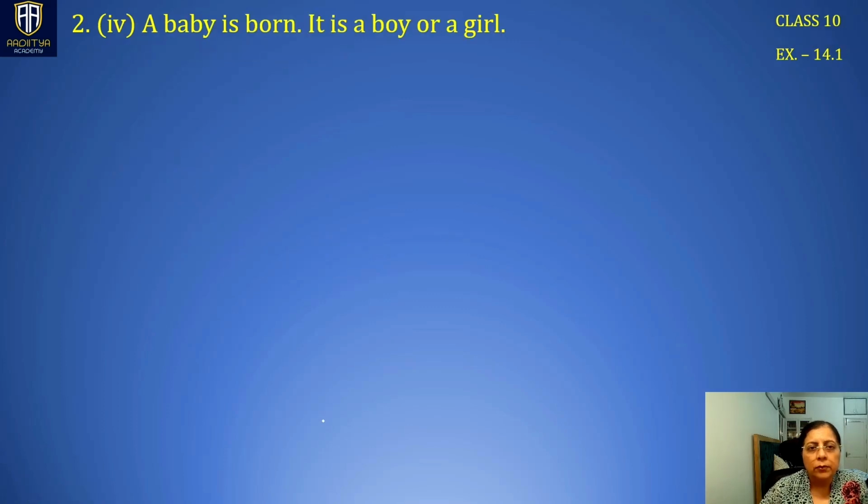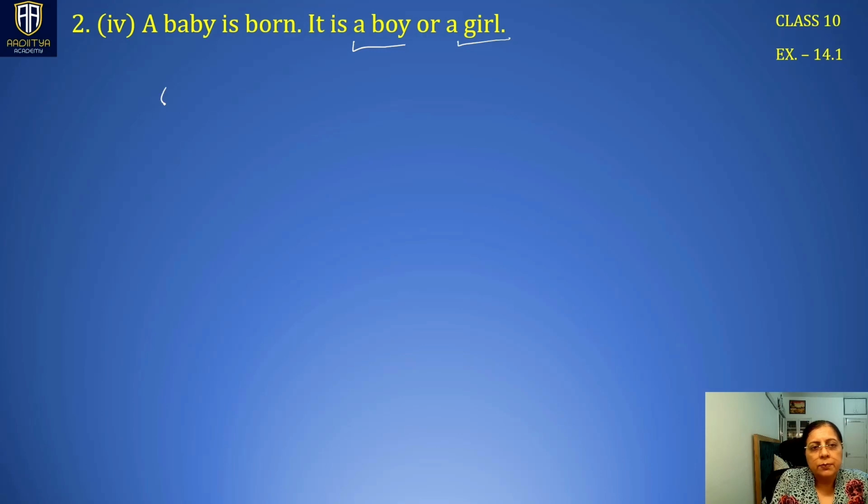A baby is born, it is a boy or girl. So if we consider that whenever a child is born, we always take into consideration the gender of the child. So either he will be a boy or she will be a girl, right? So there are 50% chances of getting a boy or 50% chances of getting a girl in this case.